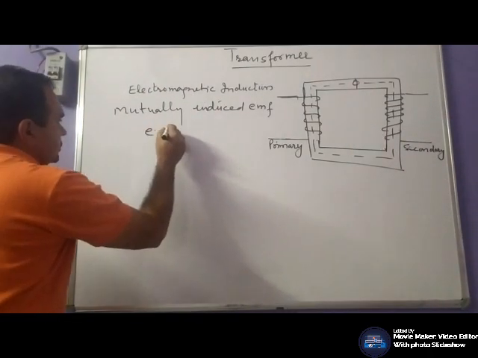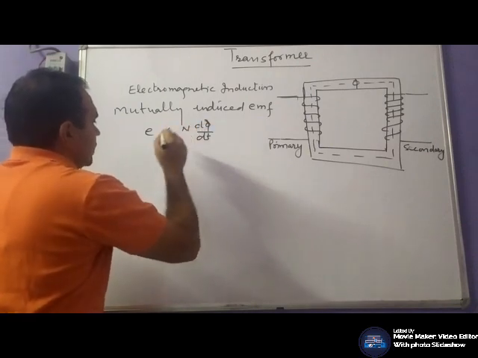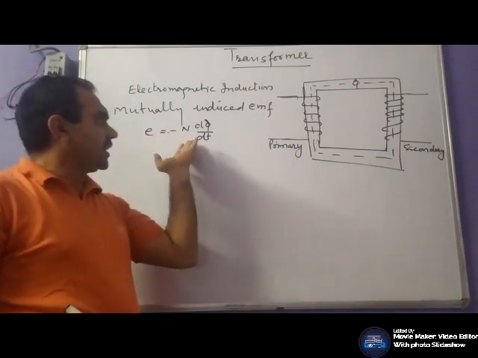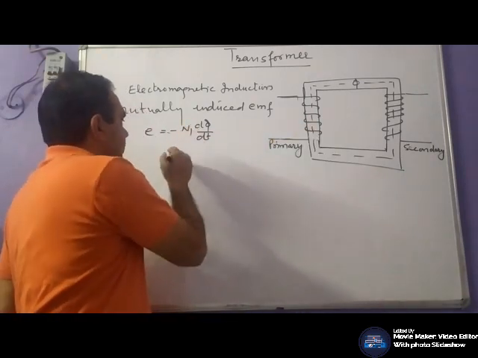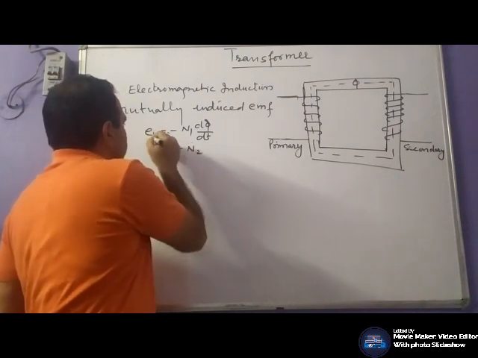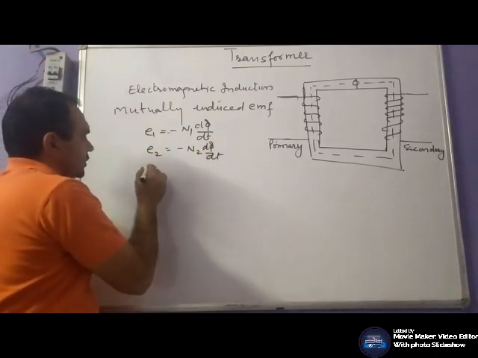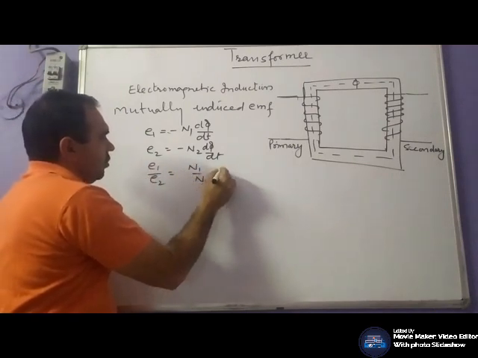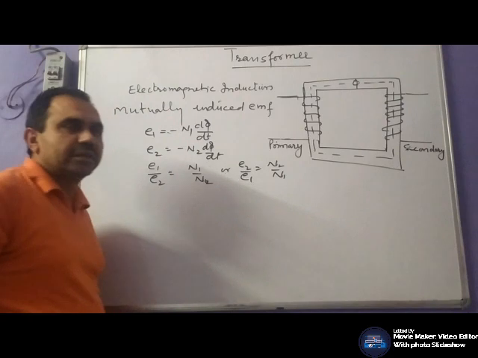And your EMF induced is directly proportional to N dφ/dt, or minus N dφ/dt, where N is the number of turns. Means if the number of turns in the primary is N1 and the number of turns in the secondary is N2, therefore E1 by E2 is N1 by N2, or E2 by E1 is N2 by N1.